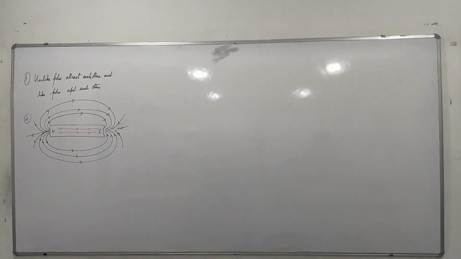The magnetic field lines run parallel inside a magnet, from the south pole towards the north pole.